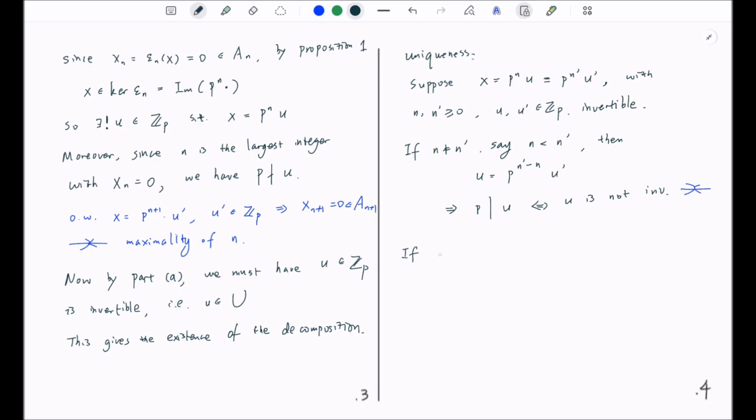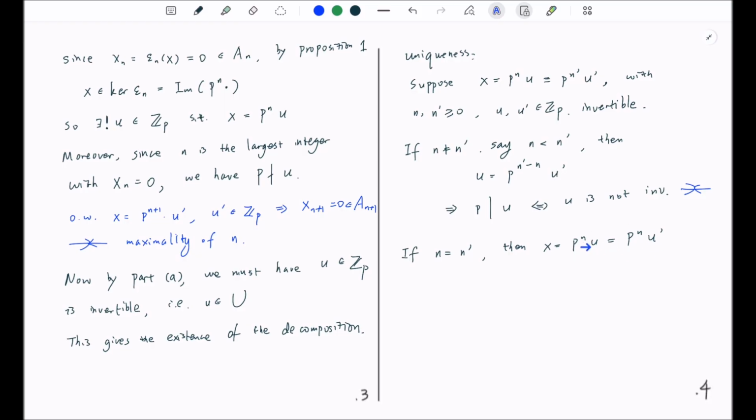If n is equal to n', then we have the decomposition x equal to p^n u'. Then we must have u equal to u'.